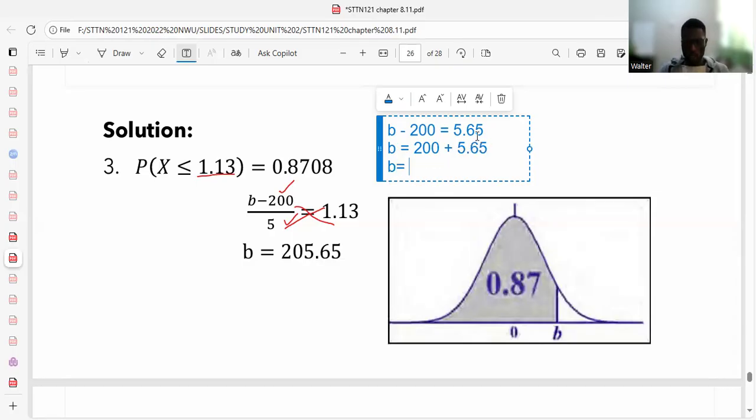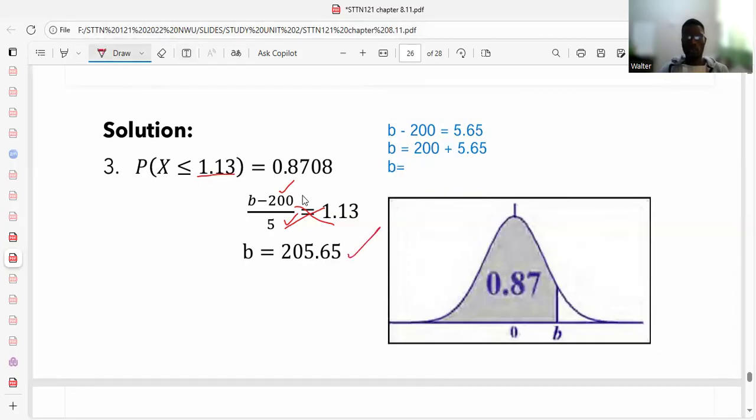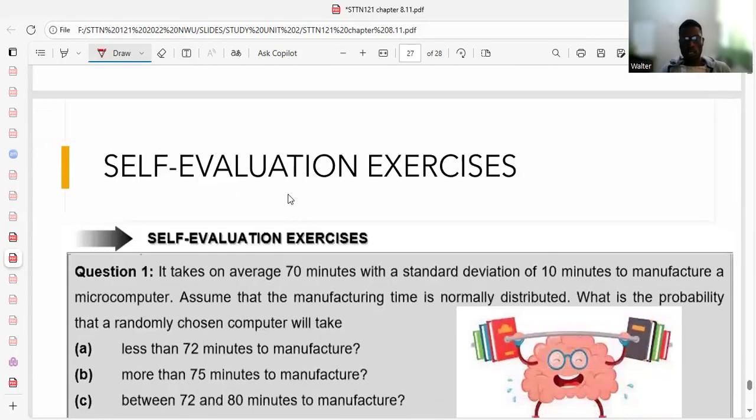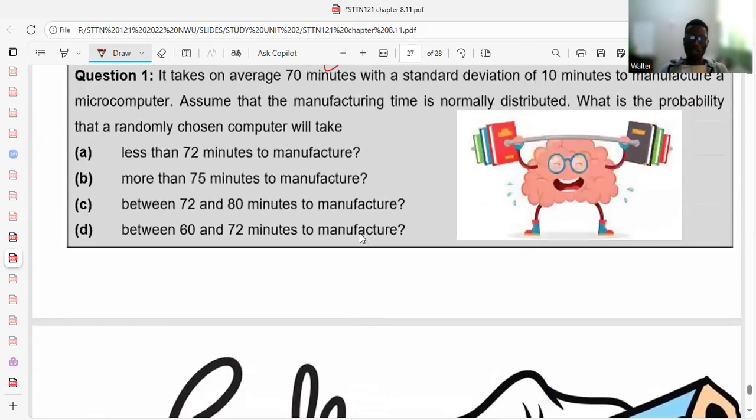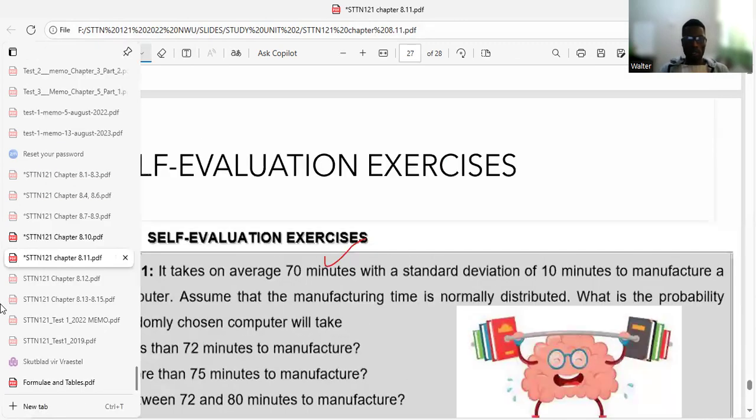When we check here, 200 plus 5.65, you will get the answer 205.65. That's the reason why they got the value of b as 205.65. So I hope you guys understand. When you do the exercises, you can also do this one to practice. So yeah, that was 8.11.